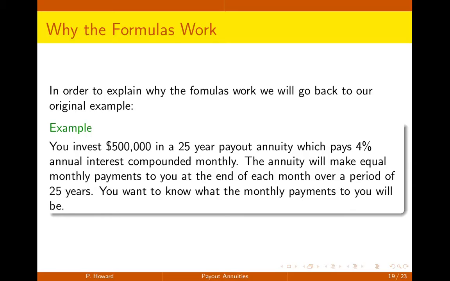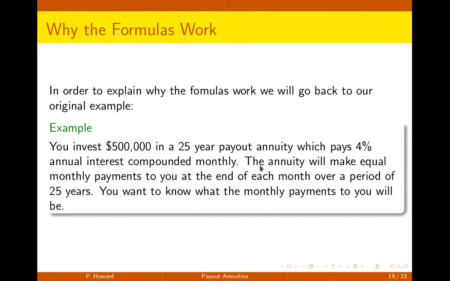And now for the reasons that the formulas work. So in order to see why the formulas work, we're going back to our first example where you invest $500,000 in a 25-year payout annuity at 4% interest compounded monthly.